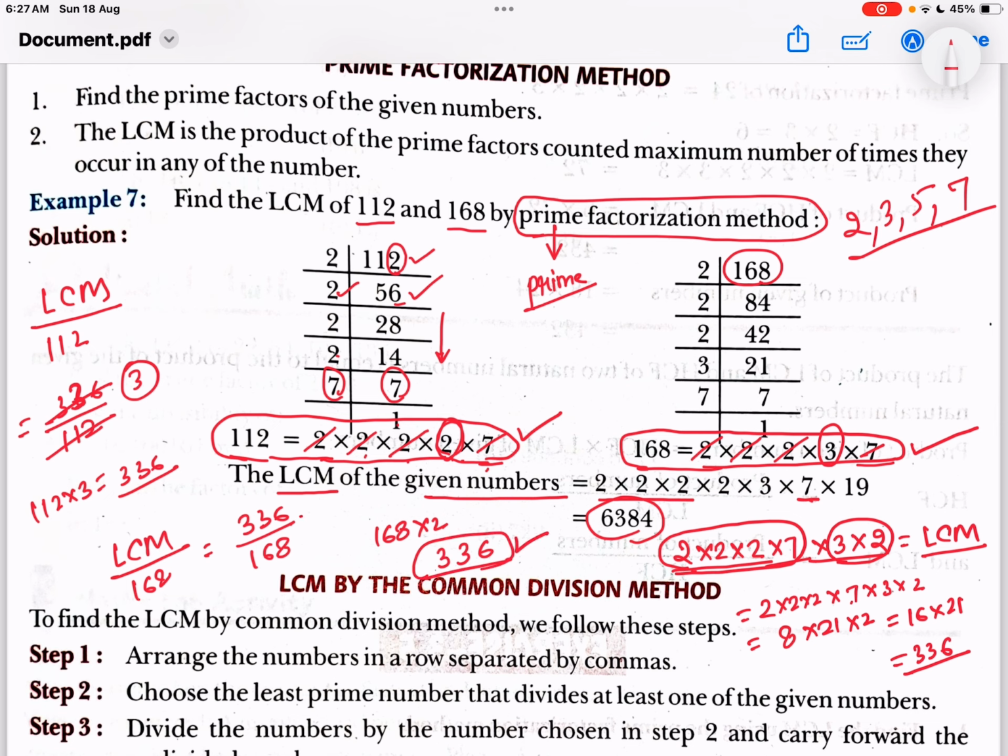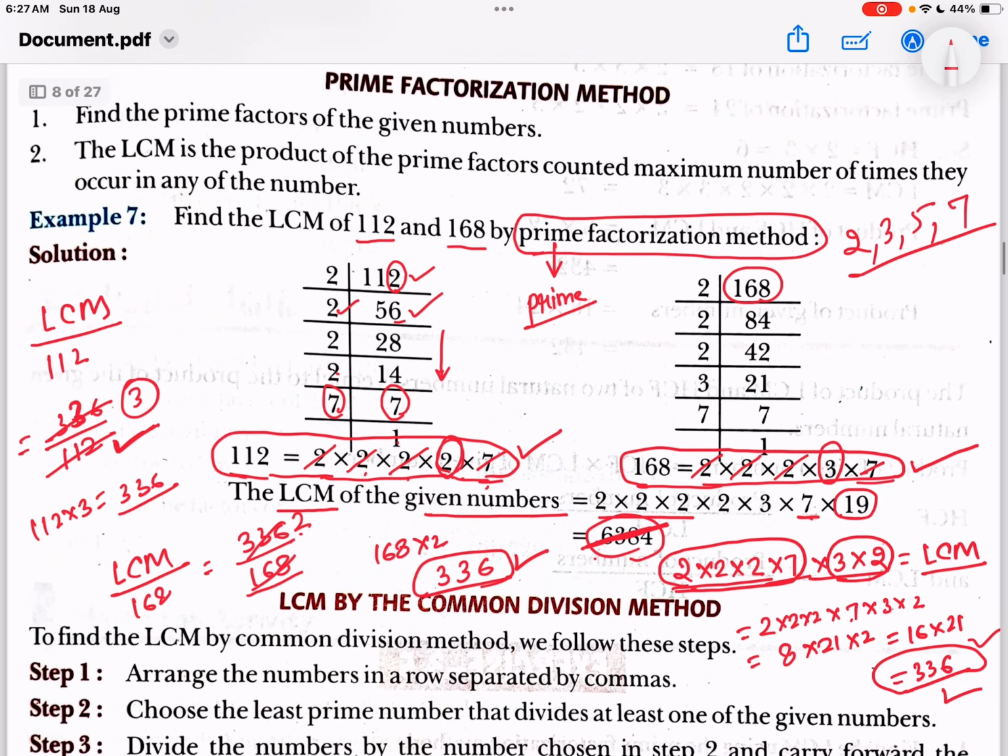So the LCM is divisible by 168 and by 112. So this number we got, 336, is the correct answer, not the value given here. That is wrong because 19 comes here. I think there is a kind of misprint here. So this is the wrong explanation and this is the correct explanation.